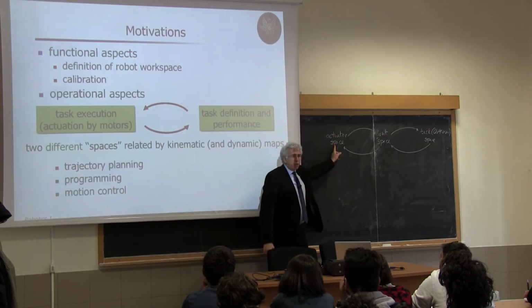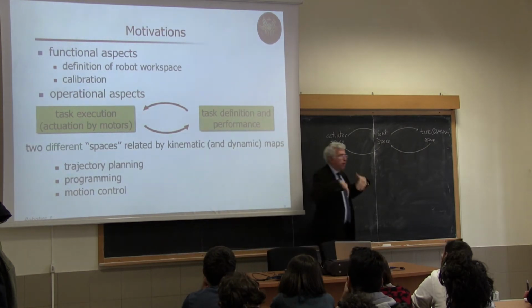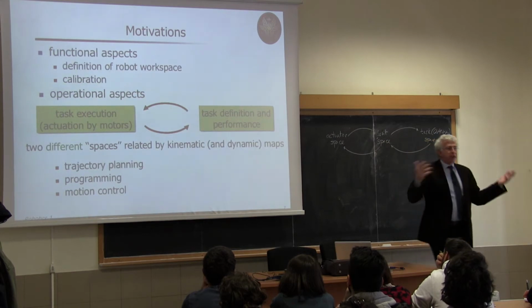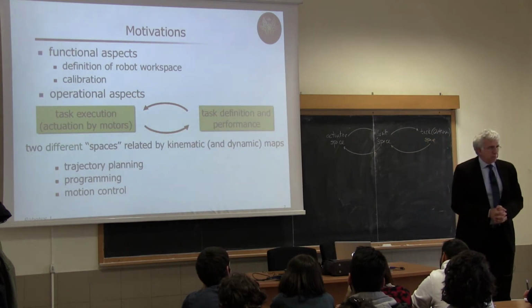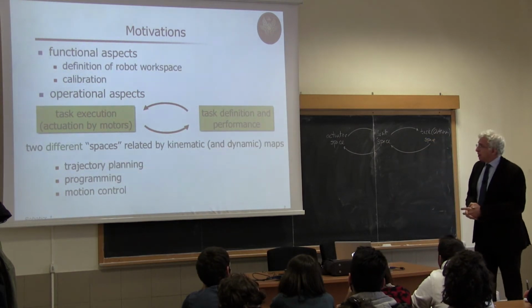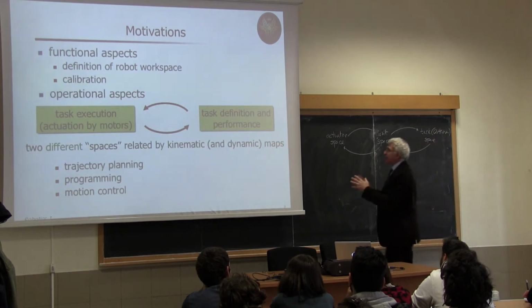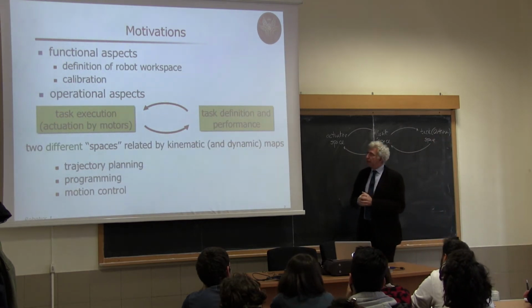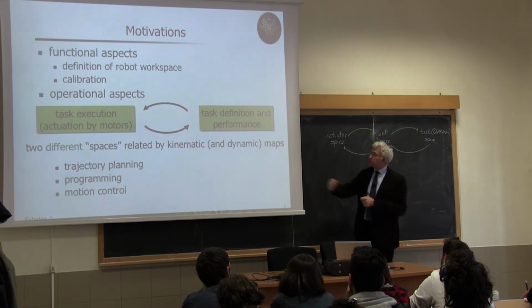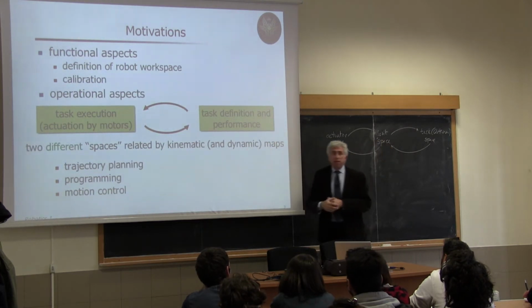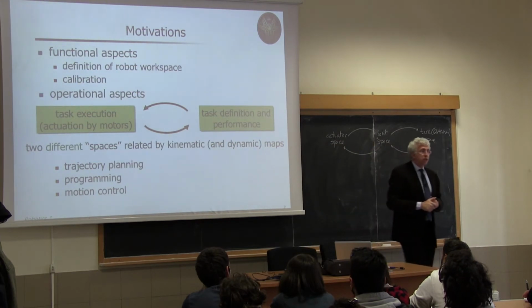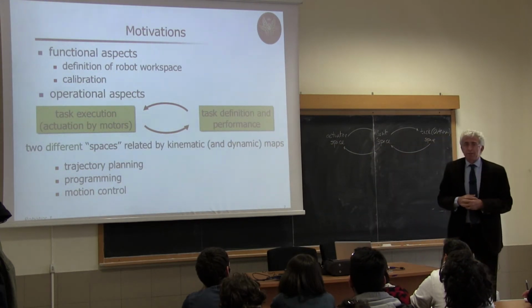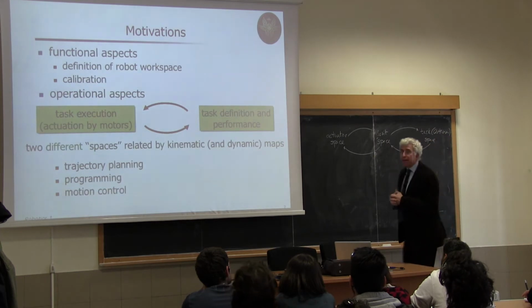Always giving commands for the actuators, because everything boils down to giving corrected commands to the actuators. Okay? So motion control, again, can be defined with this idea in mind. We will come back to this when we talk about kinematic control, either with task error or with joint space errors, with respect to some planned trajectory.